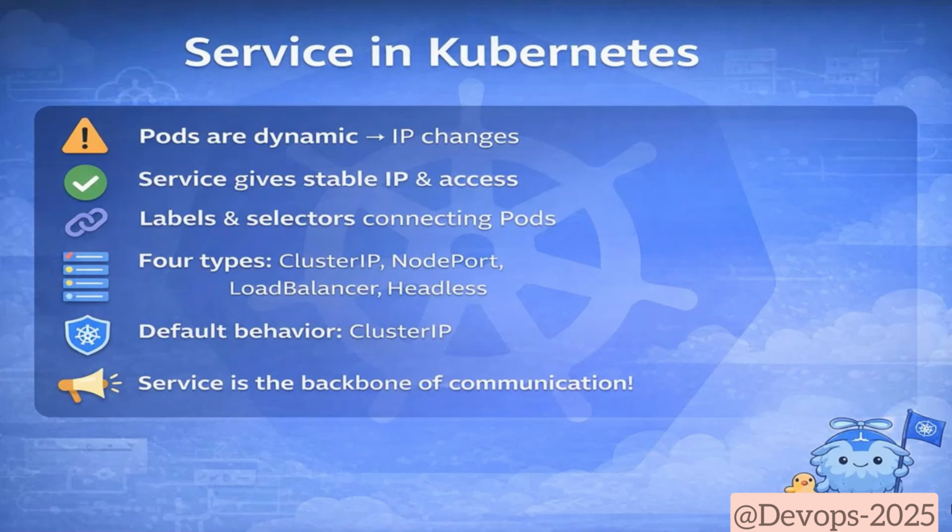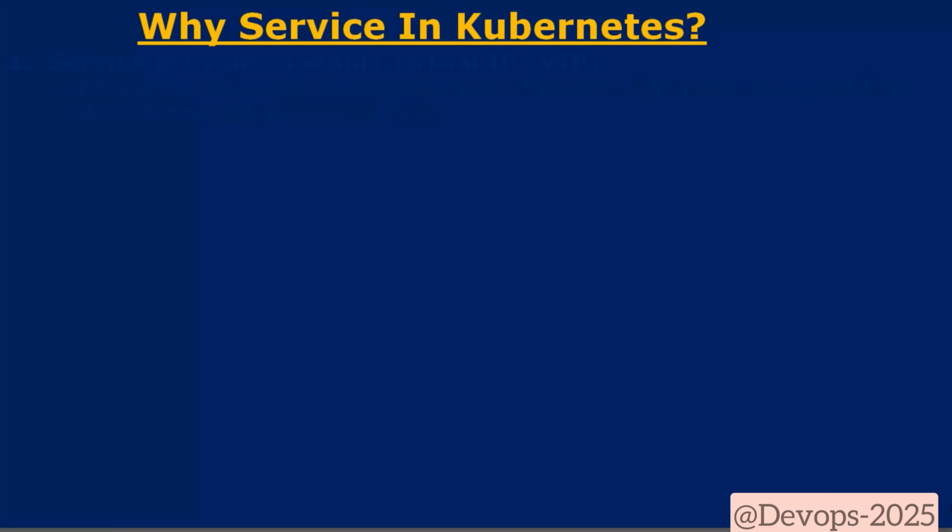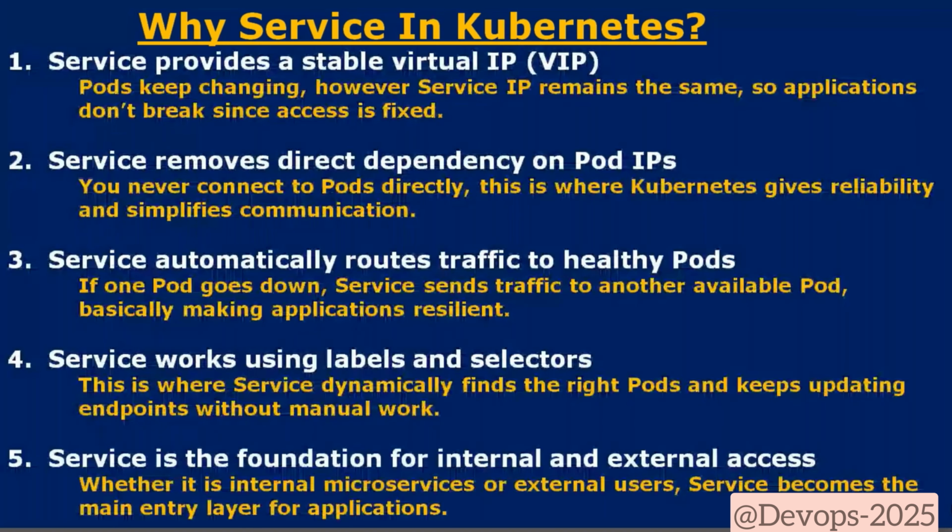In the next video we will start practically with the ClusterIP service first, and then continue with NodePort, external load balancer and headless service. Along with that we will see the architecture, YAML files and a real demonstration live.